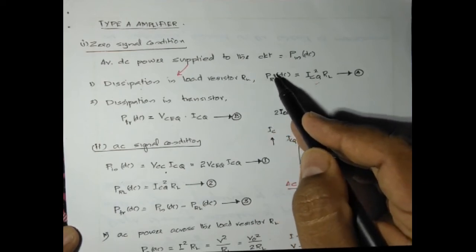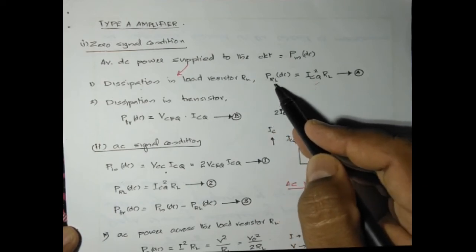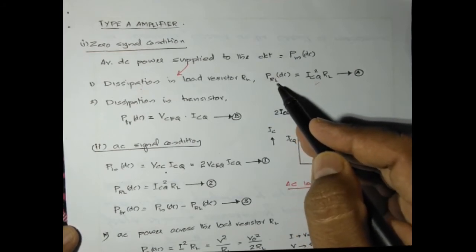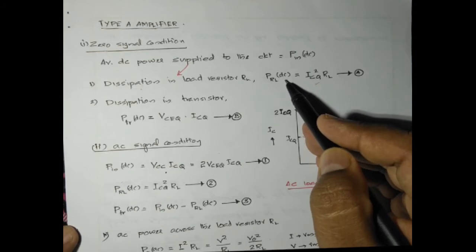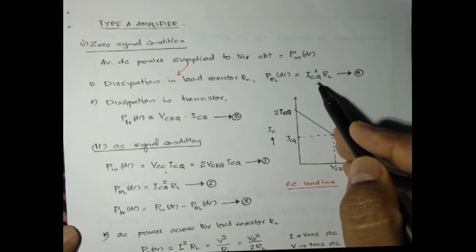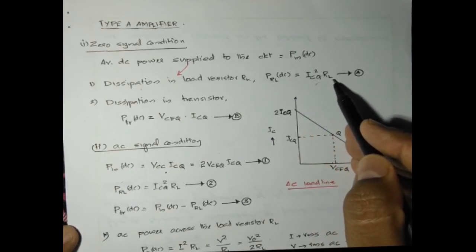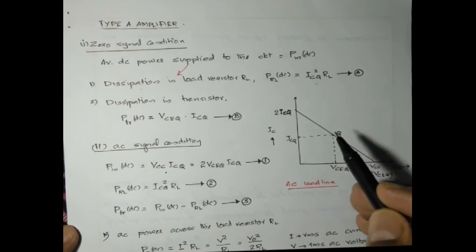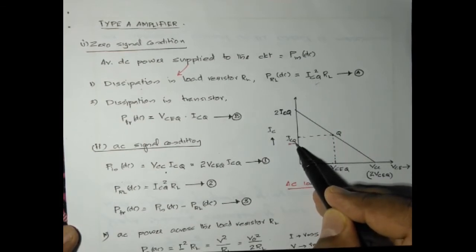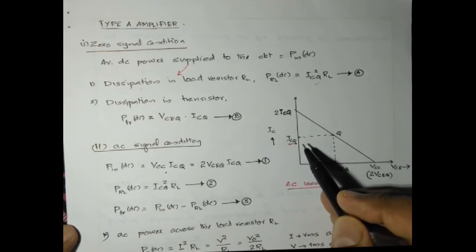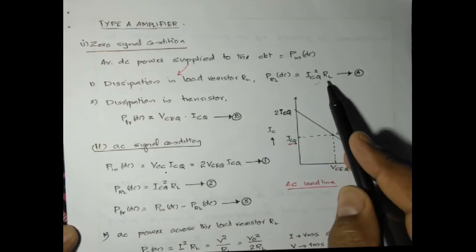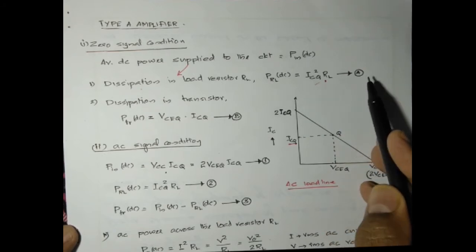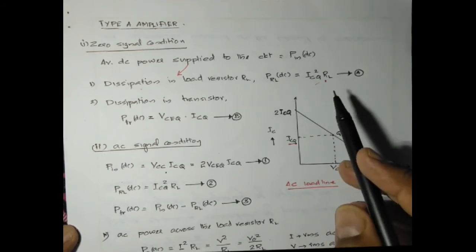We can write it as PRL DC, where RL is the load resistor. PRL denotes the power dissipated across the load resistor, and it is DC. And this is given by ICQ square into RL, where ICQ is the quiescent point current, or we can call it the zero signal current, and RL is the load resistor. Let's put that as equation A.